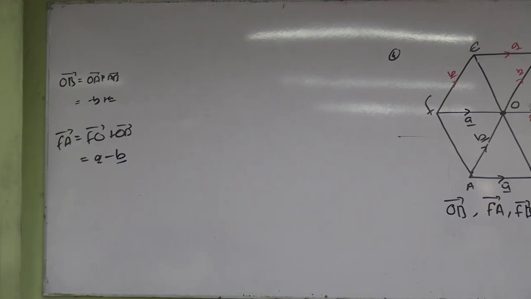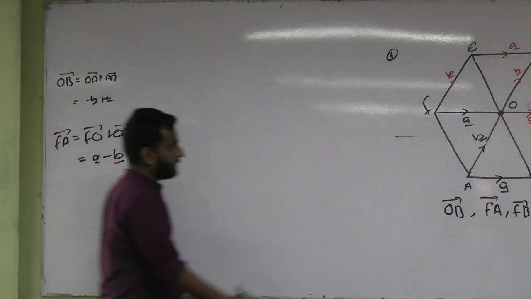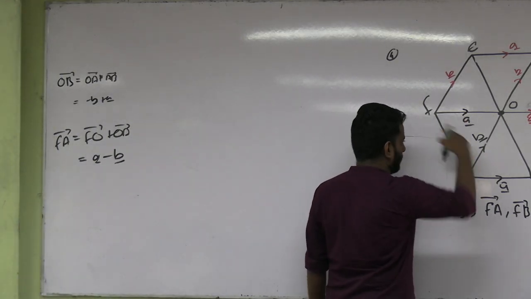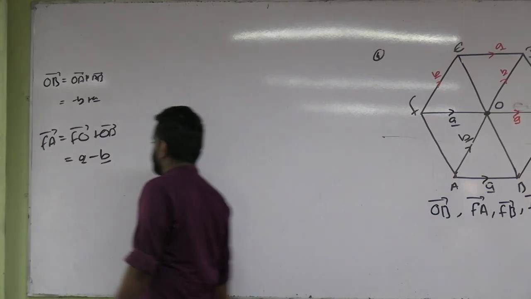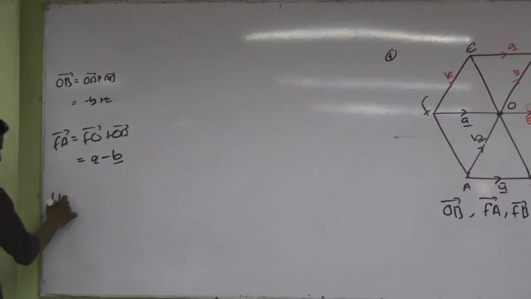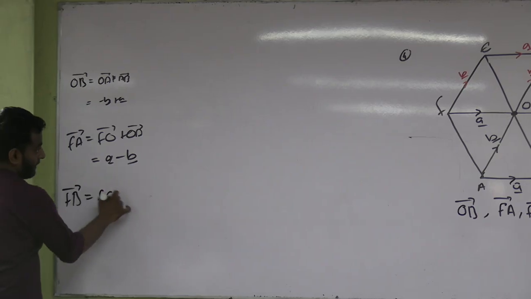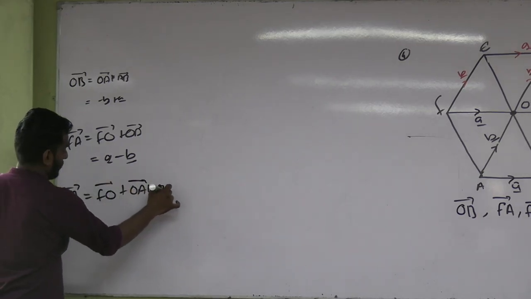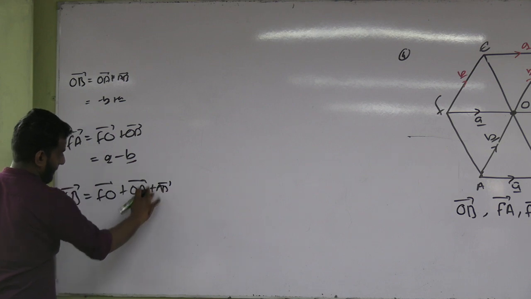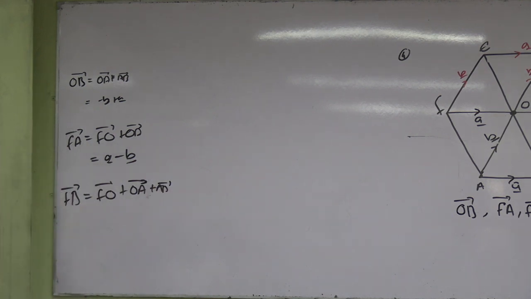Right. Next we have FB. We are supposed to find FB. So from F to B, you don't know this vector. We can write FB equals FO plus OA plus AB.